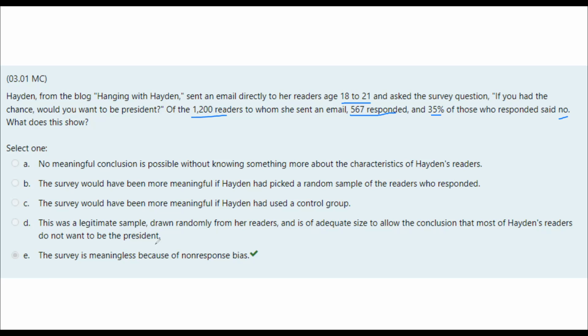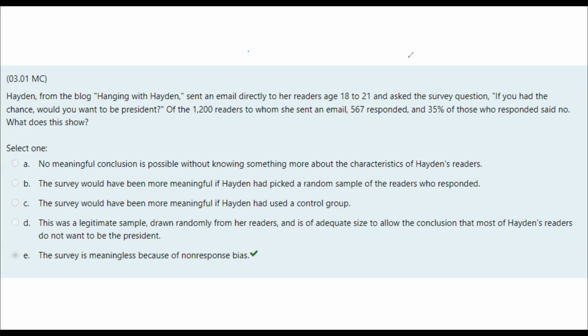Well, I really don't need to read the other choices. This isn't that hard. If there was 1,200, 567 responded, that's less than half of them. So non-response bias, it's meaningless. Right? Of course.